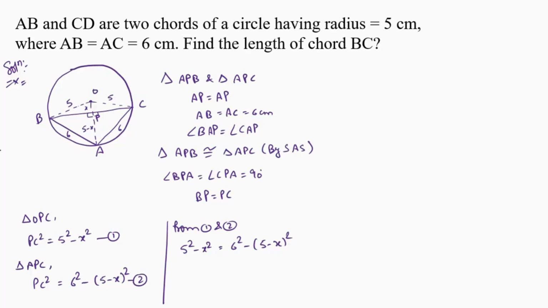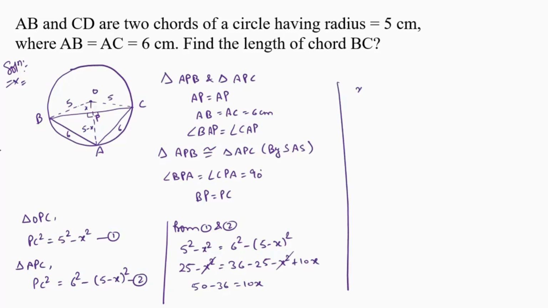Now on solving this we get 25 minus x square equals to 36 minus 25 minus x square plus 10x. x square and x square cancel out and we get 50 minus 36 equals to 10x, and on solving this we get x equals to 14 over 10, that is 1.4 centimeter.